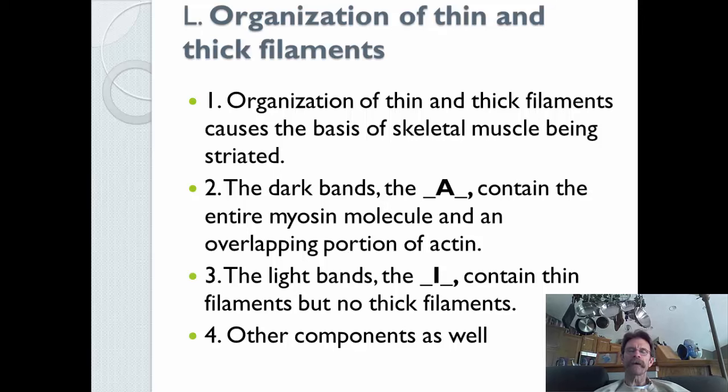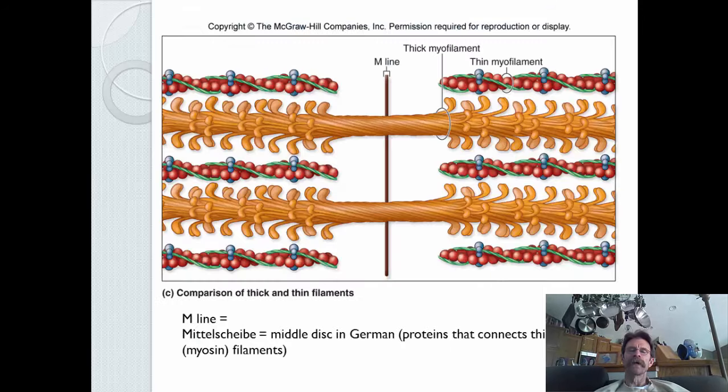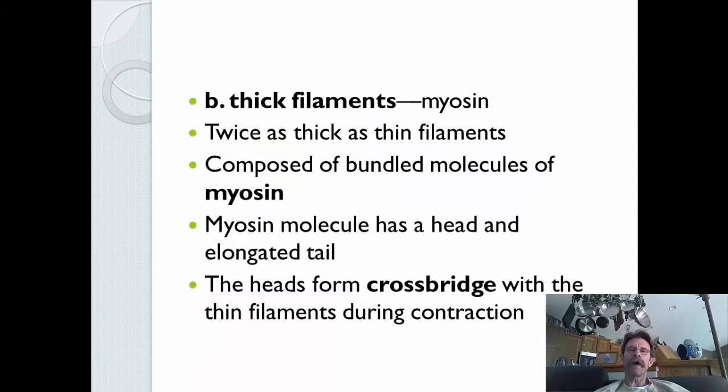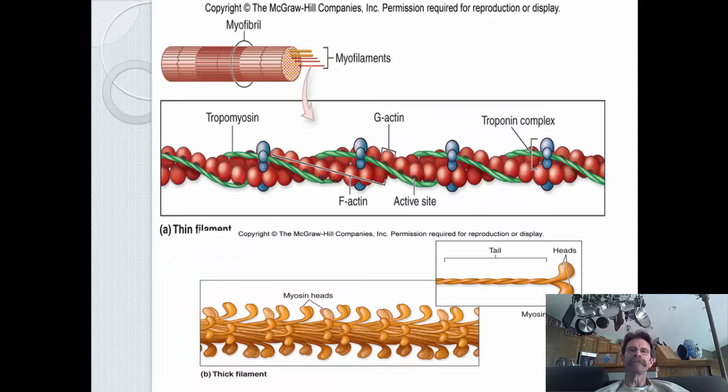So let's go back a couple of slides, or I think it's the page prior to this one on your outline. And if you look right here at the top of this figure, you can see this myofilament. Here you can see a dark or an A band, and in this area here is the light or the I band.